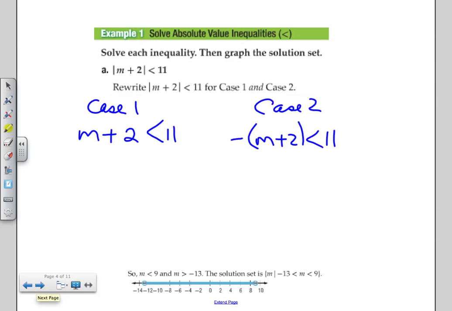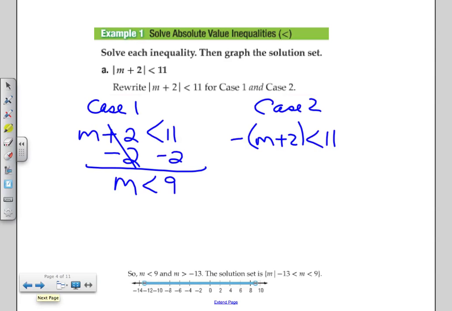So we have both the non-negative and the negative cases for this inequality. Let's just solve the first side. We subtract 2 from both sides, and we find out that m is less than 9.